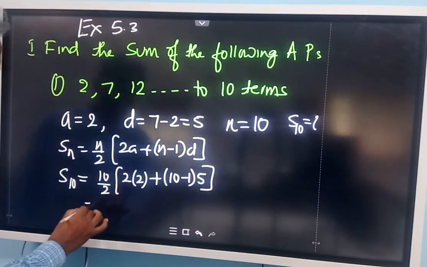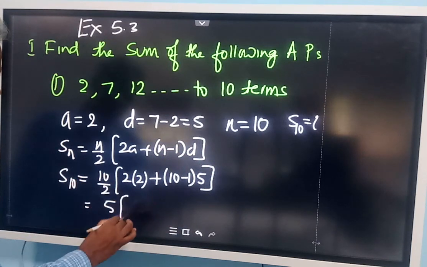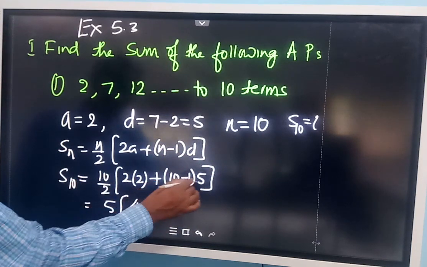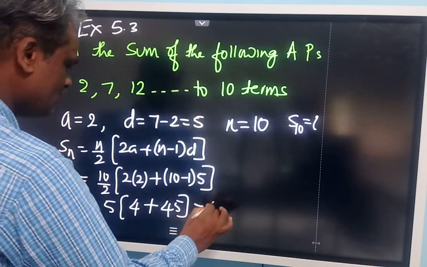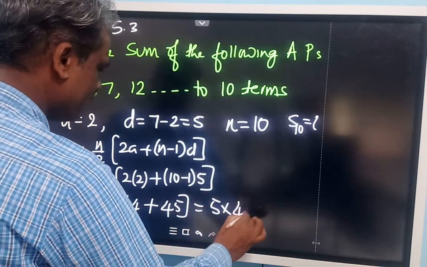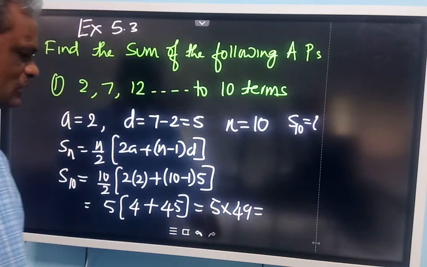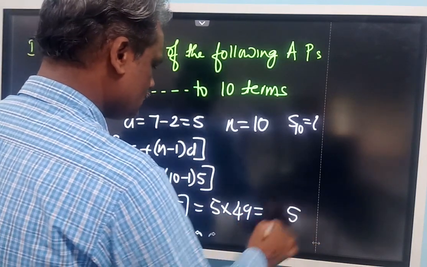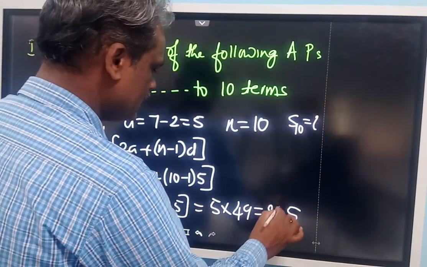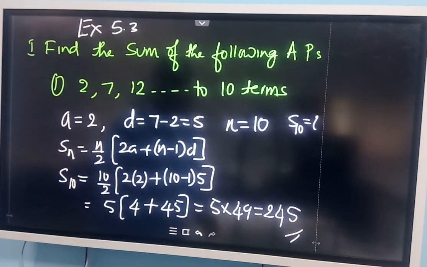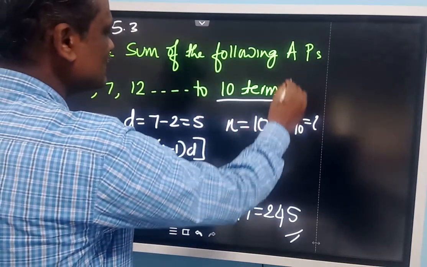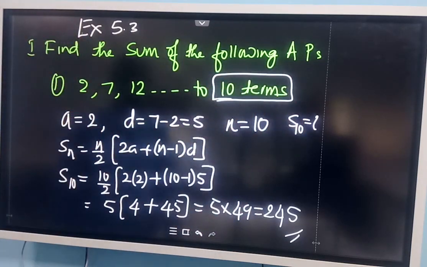Simplify: 2 times 2 is 4, plus 9 times 5 is 45, so this is 5 into 49. If you multiply these two, 245. This is the sum of the first 10 terms of this arithmetic progression.